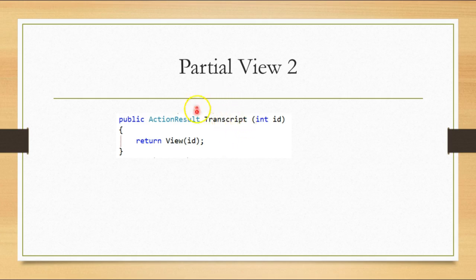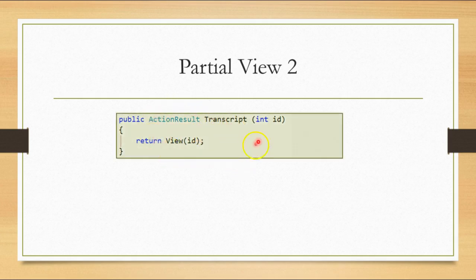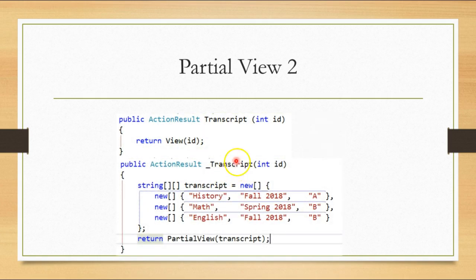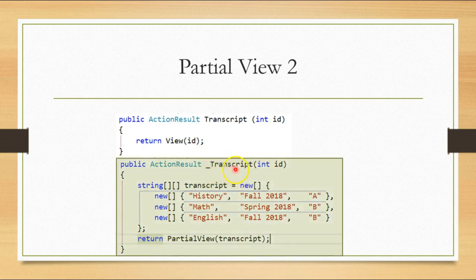So remember the transcript we had? This is our view we had called transcript. We had a bunch of code in here before about creating that two-dimensional array. We're going to modify this, take out all the other code, and just say return view. Then we're going to add a new action result called underscore transcript.